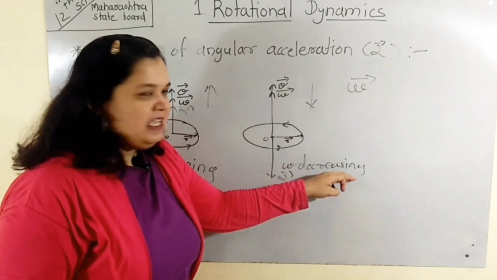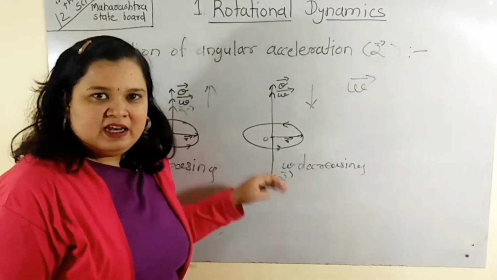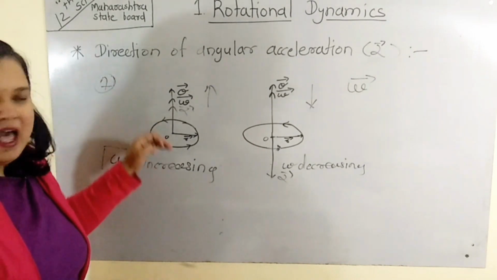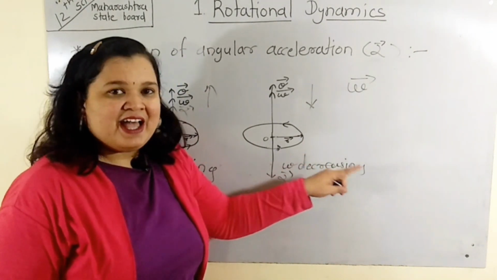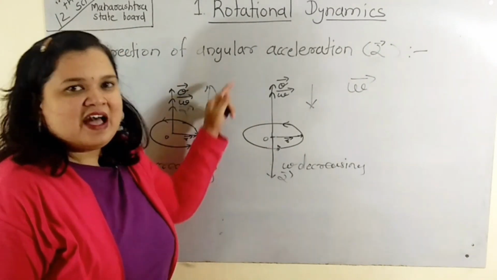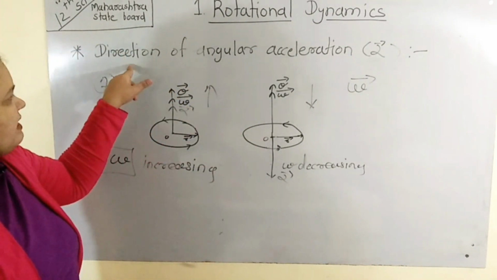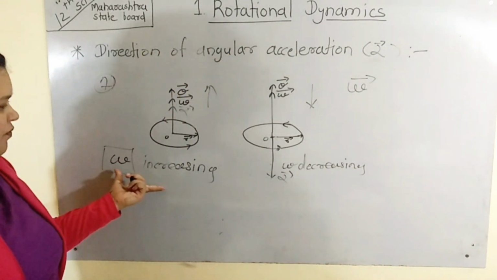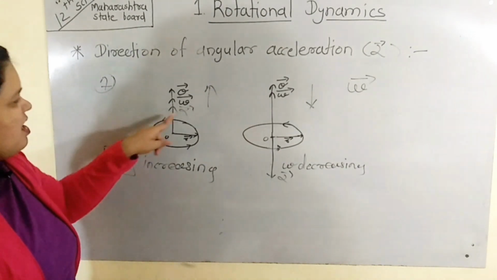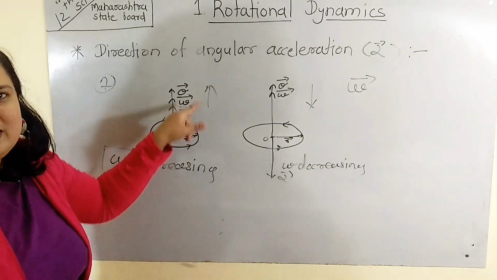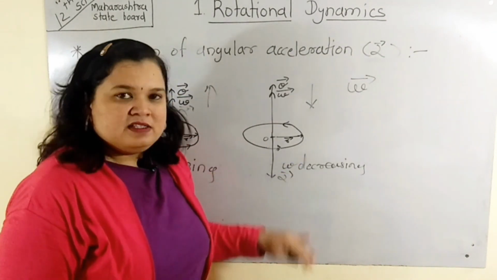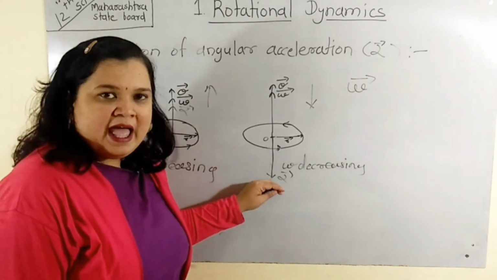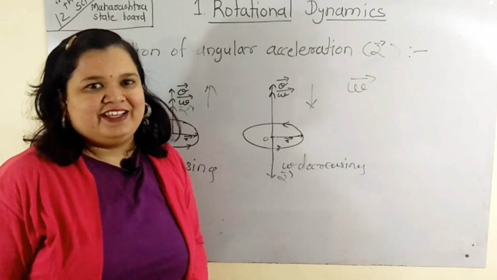That is, when omega is increasing, alpha and omega are in the same direction, but when omega is decreasing, omega and alpha are in opposite directions. So the direction of angular acceleration alpha totally depends on angular velocity. When angular velocity is increasing, alpha is in the direction of omega. When angular velocity is decreasing, angular velocity and angular acceleration are opposite to each other.